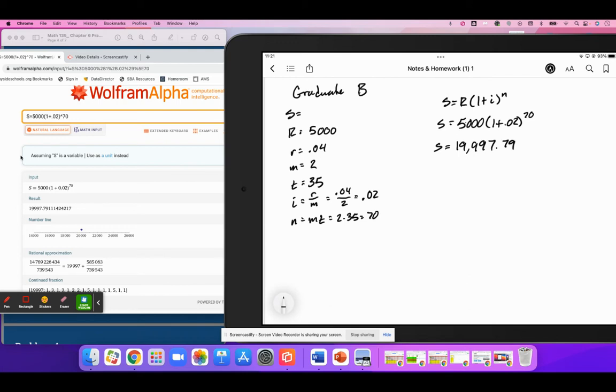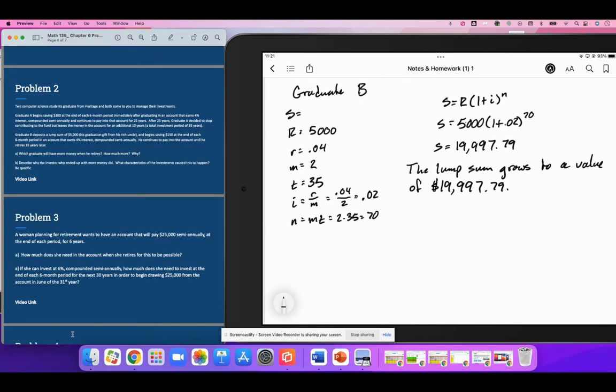And so the lump sum grows to a value of $19,997.79.